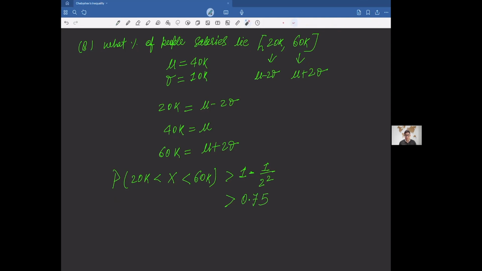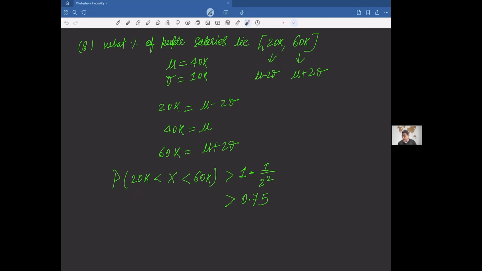So the probability that my salary lies between 20K and 60K is greater than 1 minus 1 by 2 square, because k here equals 2. So at least 75% of the people's salaries lie in this region.